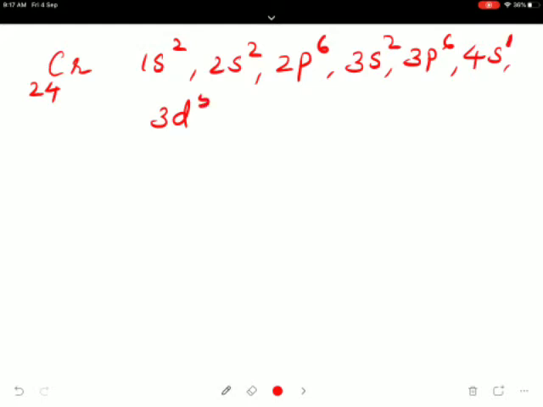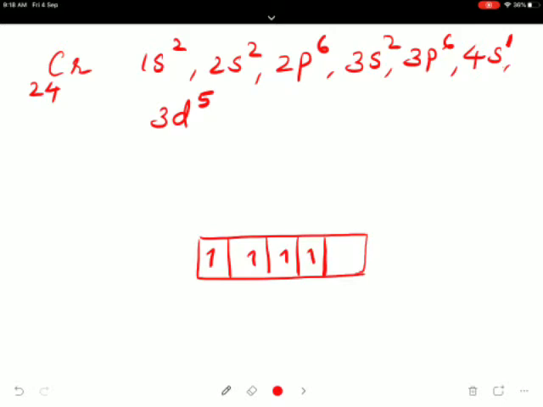One of the 4s electrons is taken to 3d. 3d means 1, 2, 3, 4, 5. So expected was 3d4 and 4s2, but actually 4s1 is shown outer.